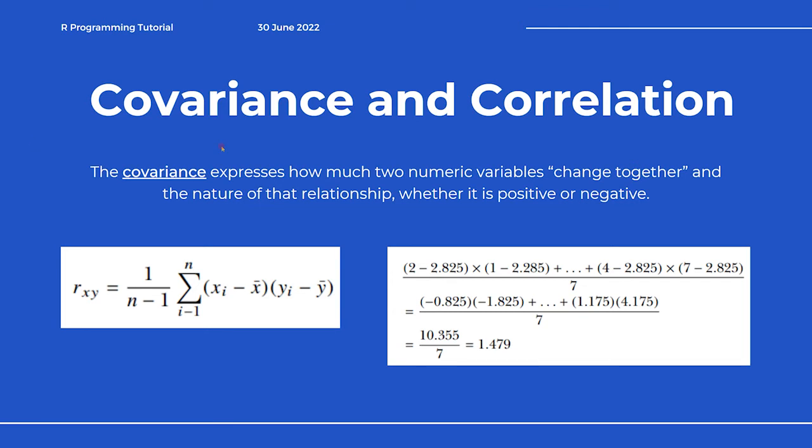Next concept is the covariance and correlation. When analyzing data, it is often useful to investigate the relationship between two numeric variables to assess trends. For example, you might expect height and weight observations to have a noticeable positive relationship.